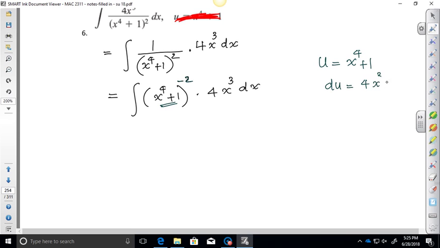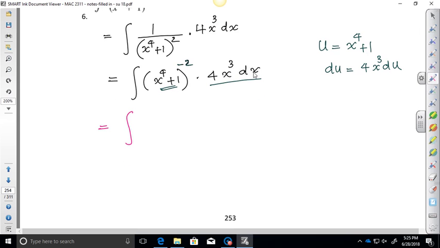And that's what you see there. See, this is du. So this is going to be the integral. Change the problem into u. Okay, that's integrable. Go ahead, integrate.